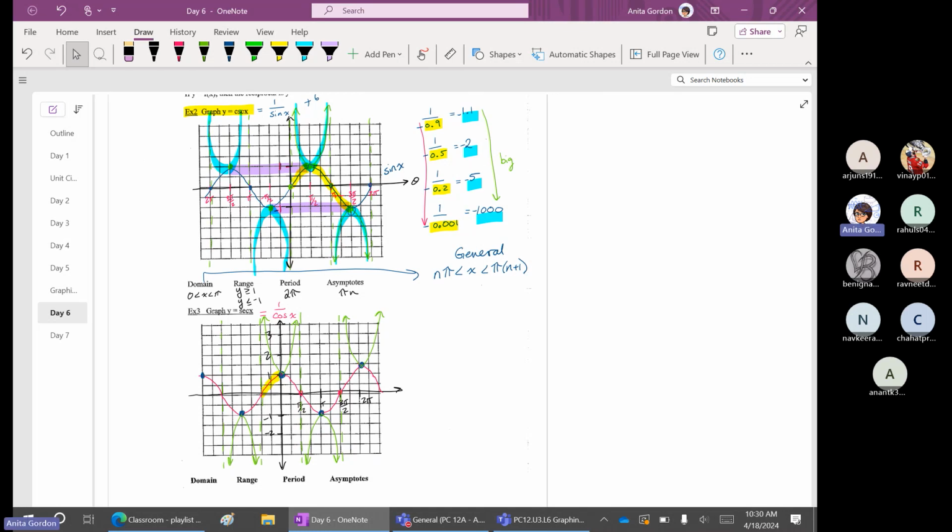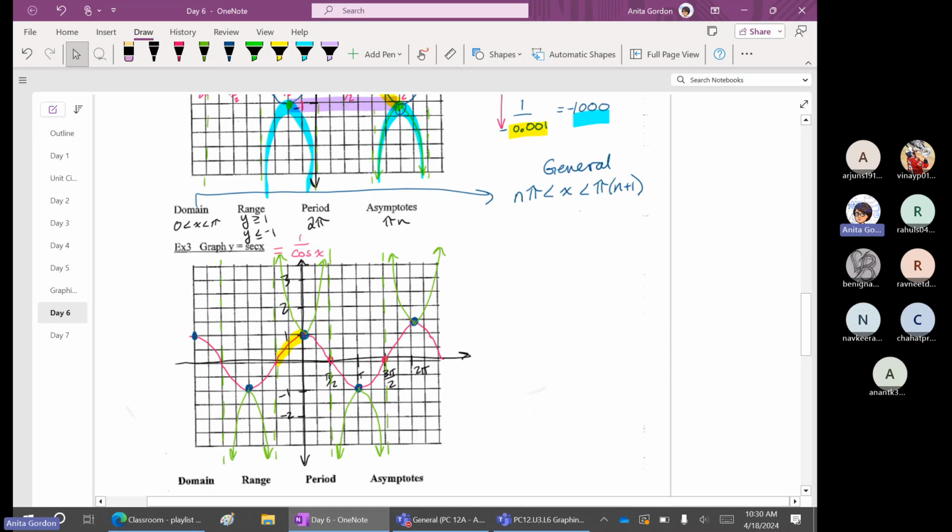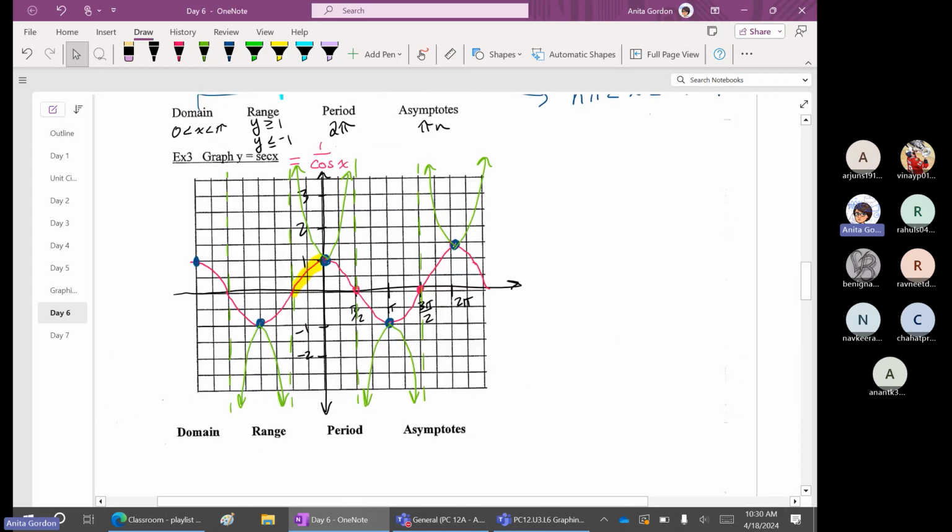So very, very similar. So all that's going to be different here is essentially where I am allowed and not allowed to be. My domain now is going to be between negative pi by 2 and positive pi by 2.